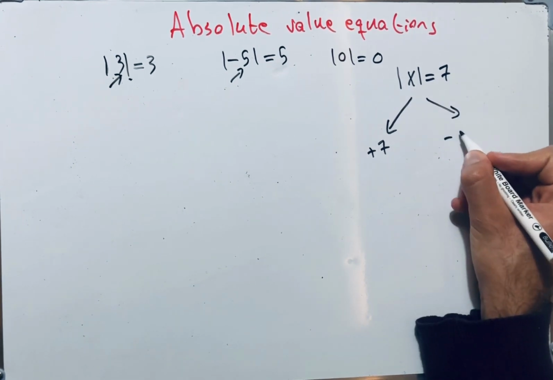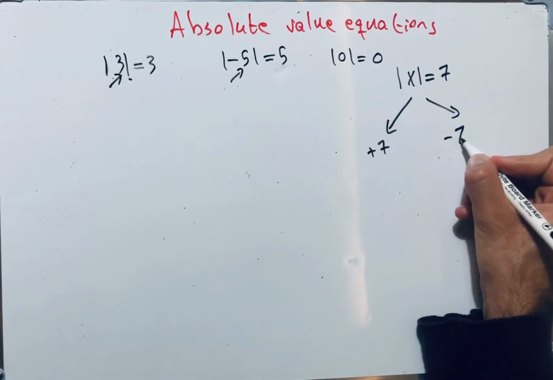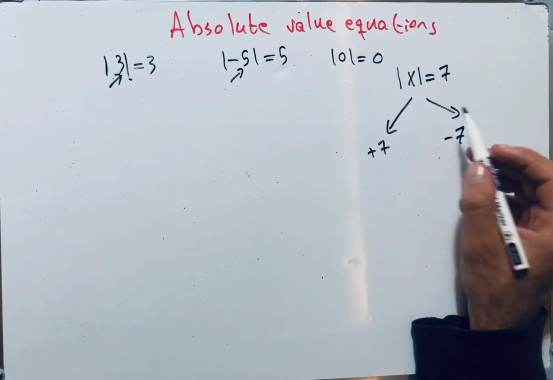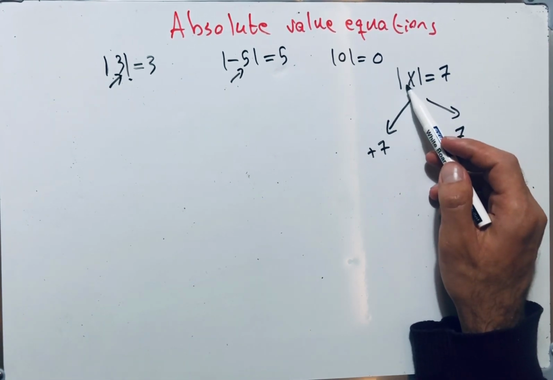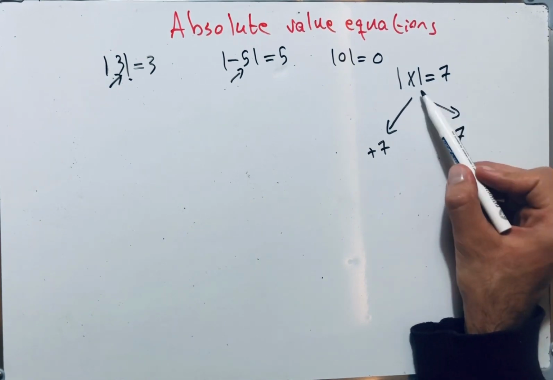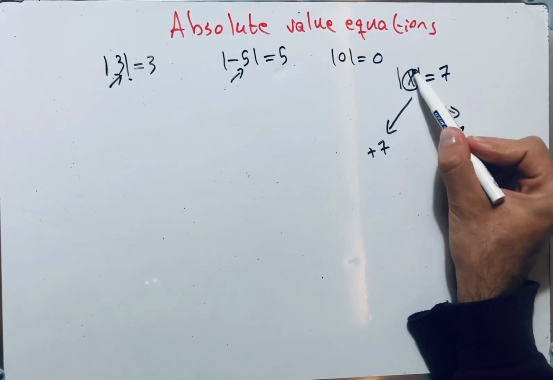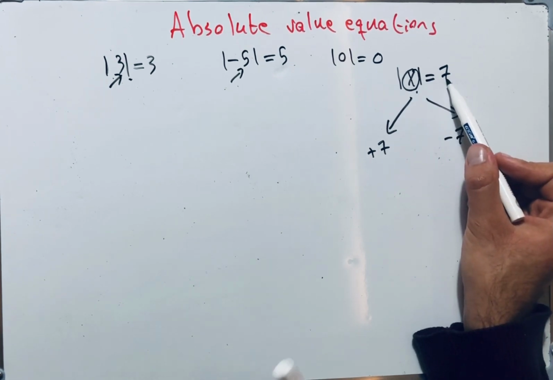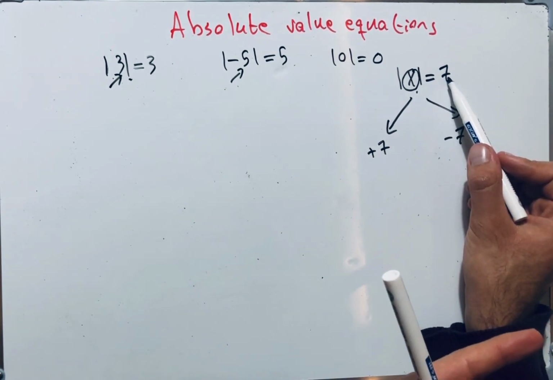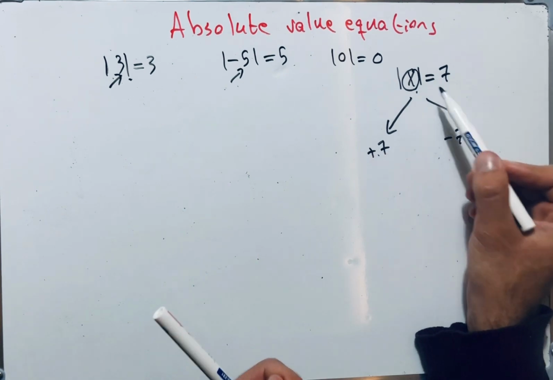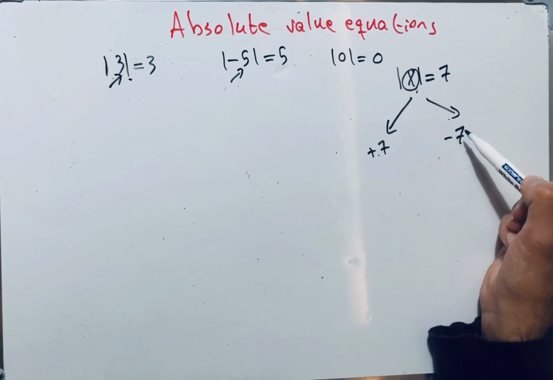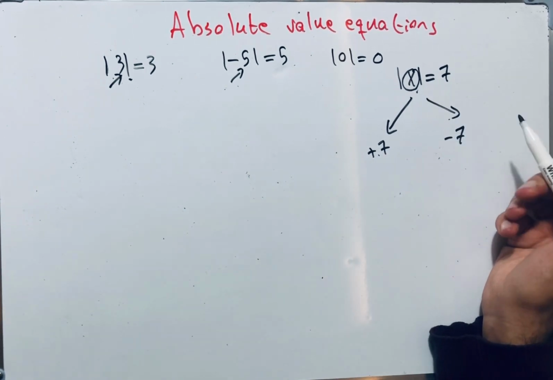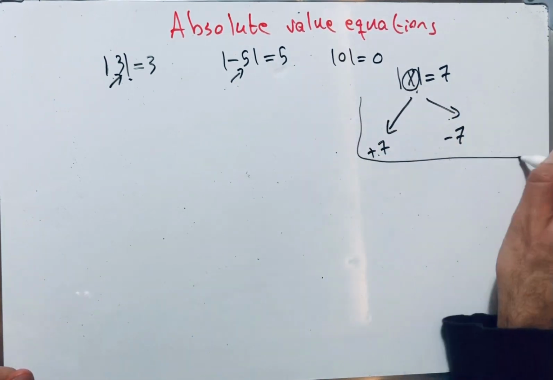Or it could have been -7. So every time you see an absolute value equal to something, you can conclude that whatever is inside the absolute value is either the number on the other side as a positive or as a negative. In other words, the opposite sign.